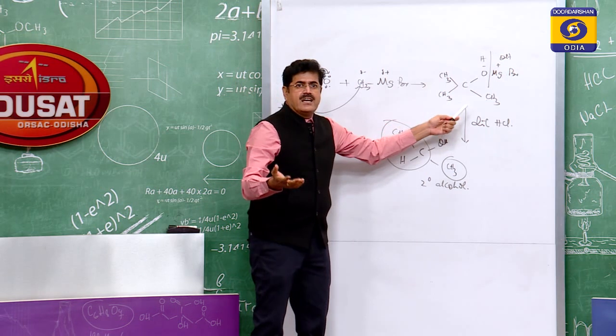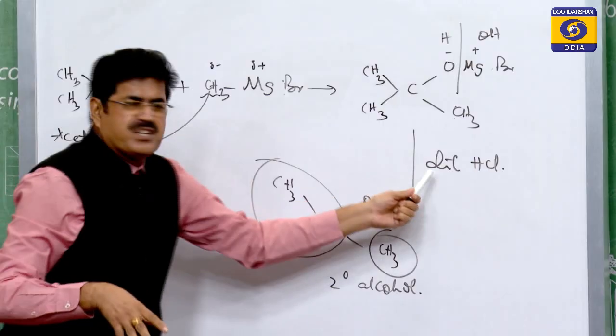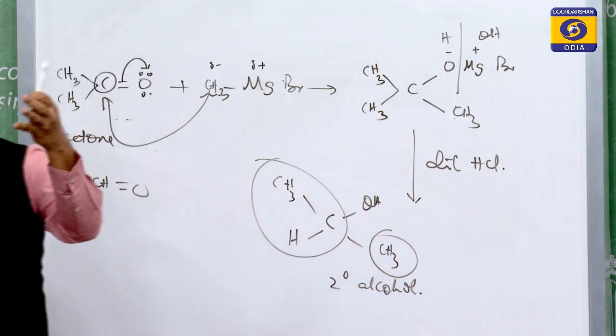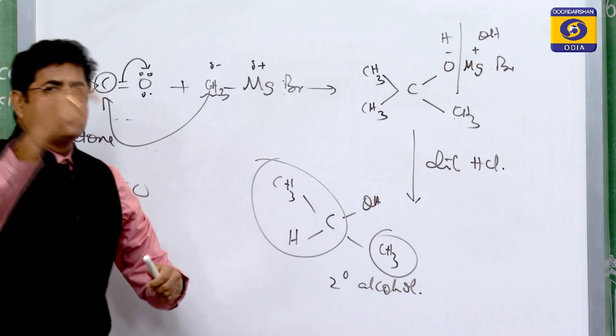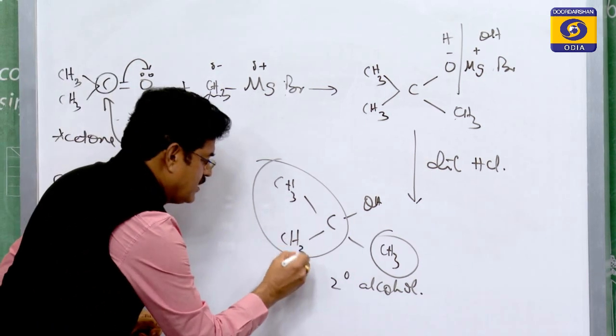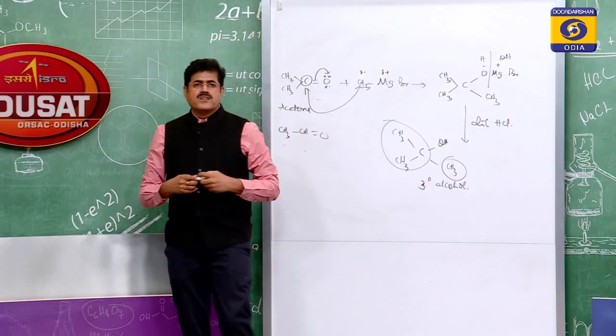This is an alkoxide, and this intermediate, when treated with dilute acid, undergoes hydrolysis to give tertiary alcohol, tertiary butyl alcohol. This is a tertiary alcohol, 3 degree alcohol.